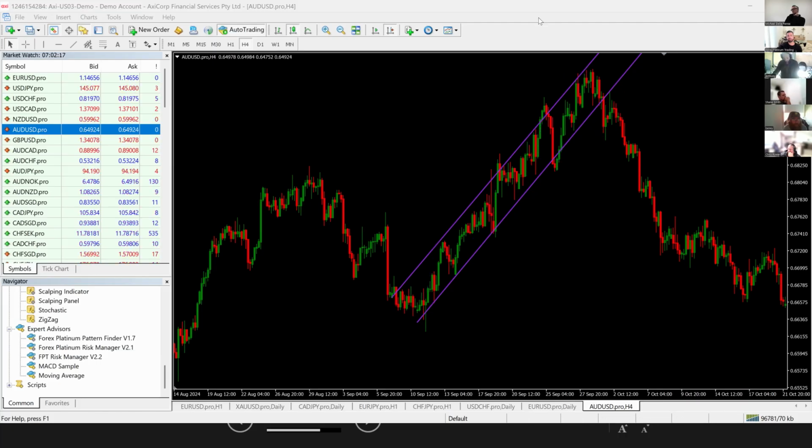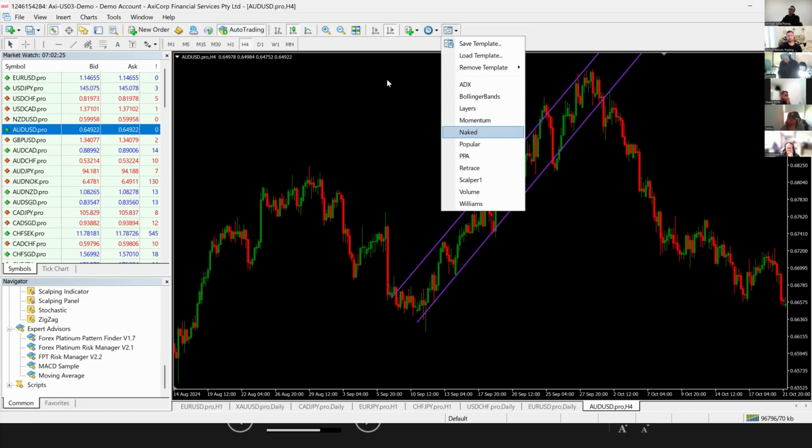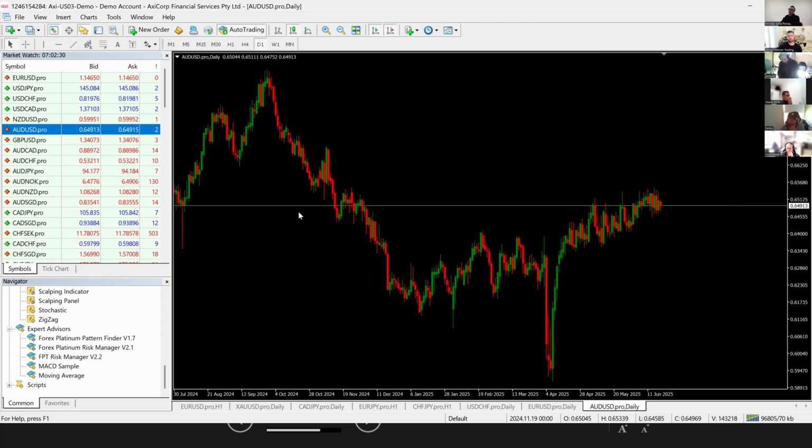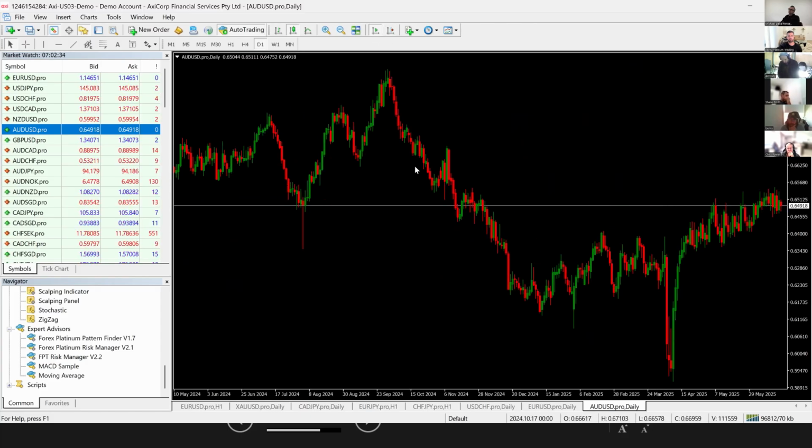So we want to be able to identify these swing high, swing low moments as well, because you'll pick them on your daily. So if you go to the daily time frame, for example, you should know by looking where the swing high and where the swing low is.